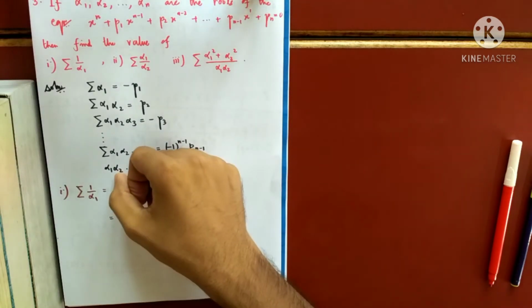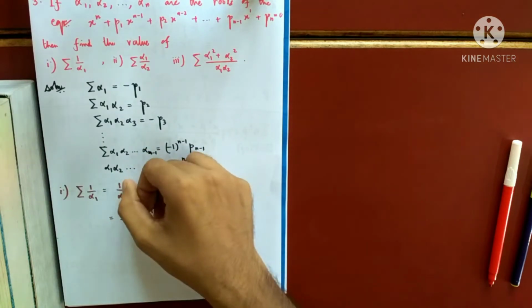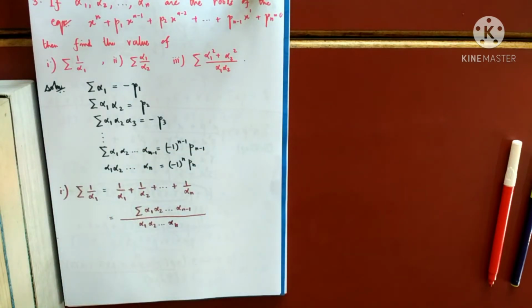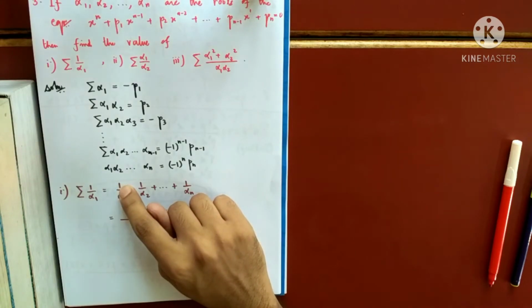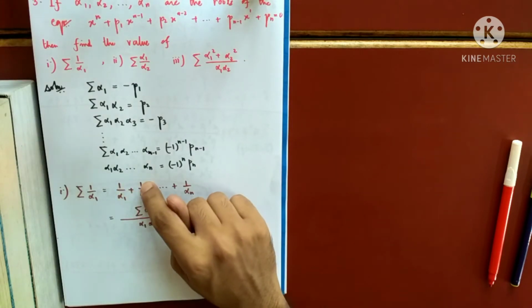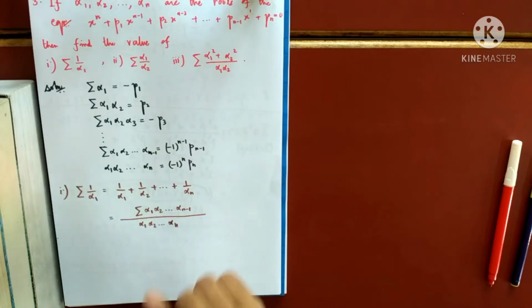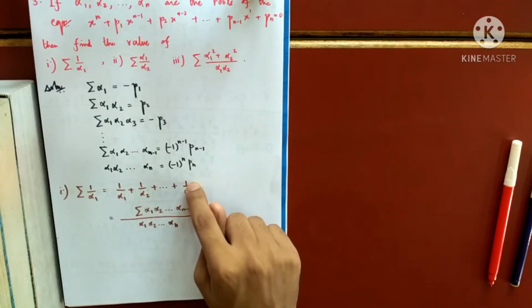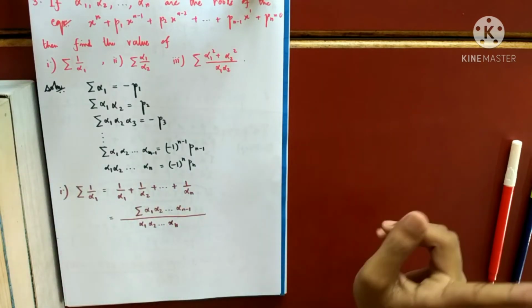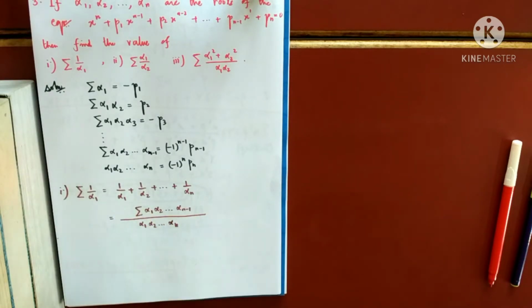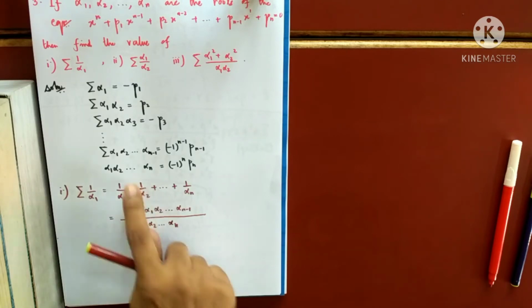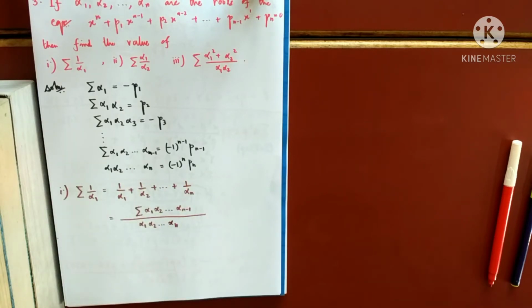So I am getting alpha 2 to alpha n, then alpha 1 to alpha n leaving alpha 2, and for the last one alpha 1 to alpha n minus 1 and not alpha n. So it can simply be written like this: n minus 1 product at a time and summing them together. Do you have a confusion here?